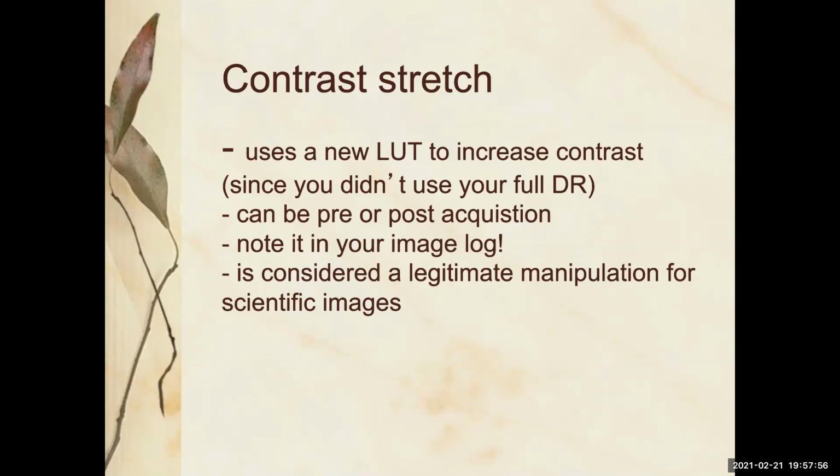The main thing is that you're doing something to all of the pixels in your image, and you're doing the same thing to all of the pixels in your image. If you can't do the same thing to all of the pixels in your image, that's too bad. What some people do is take a different image of the part that requires some sort of different manipulation. But you cannot pick and choose.